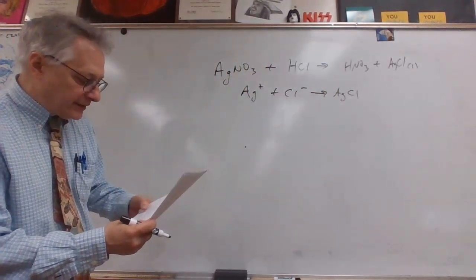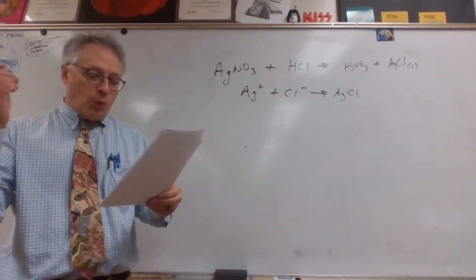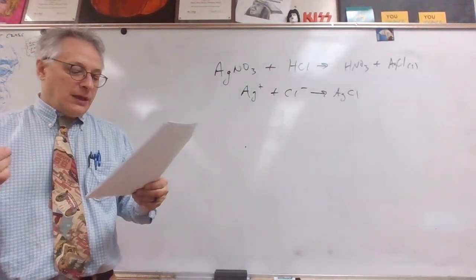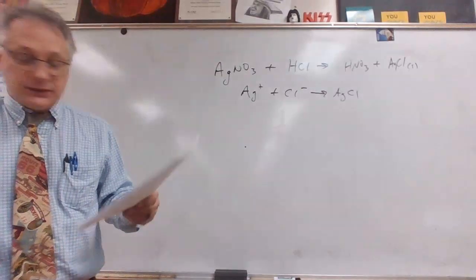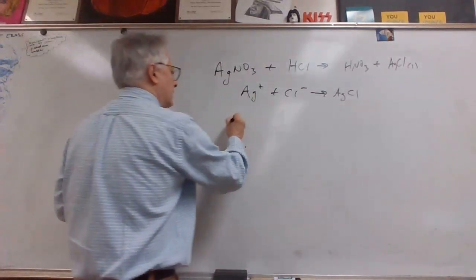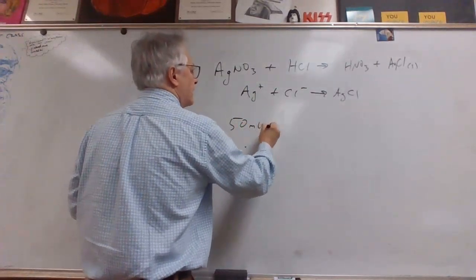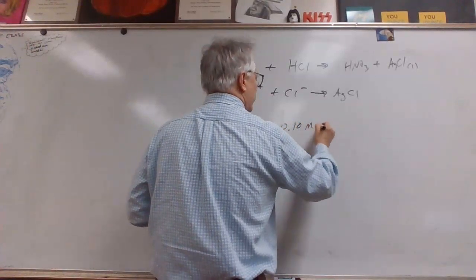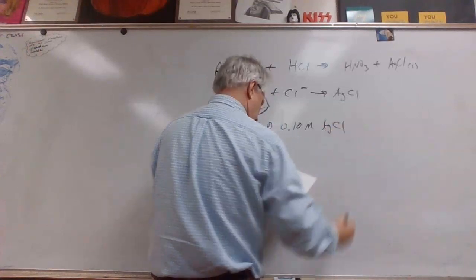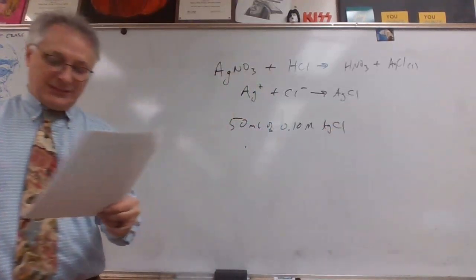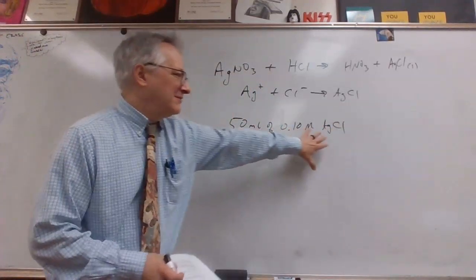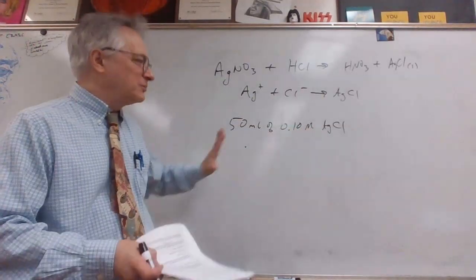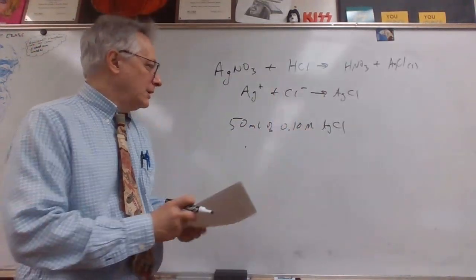So in this case, it says one of the products formed, and that's all we know about is the products, is 50 milliliters of a 0.10 molar AgCl solution, which really you wouldn't get a silver chloride solution, but let's just pretend we do.